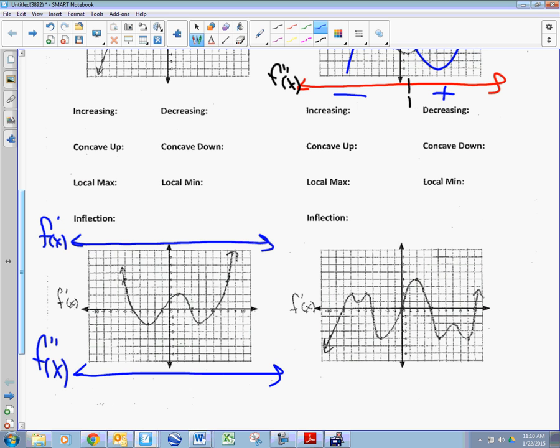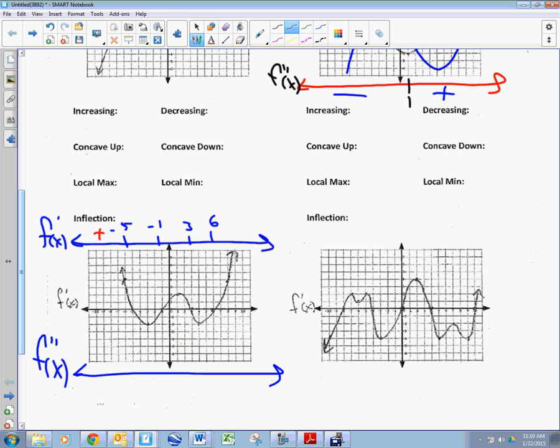Where is f prime of x equal to 0? -5, -1, 3, and 6. Is the first derivative right here? Look at this. This is where a lot of people make a mistake. Is this derivative positive or negative?